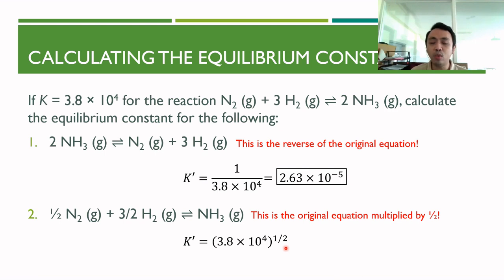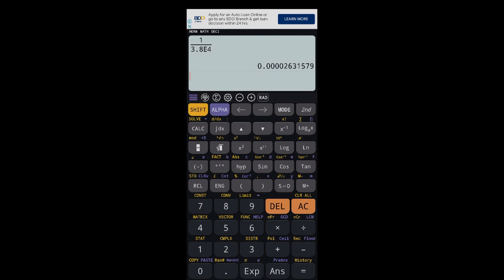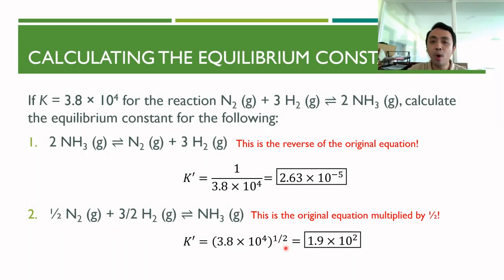Taking out our calculator, we find that K prime is equal to 1.9 times 10 to the power of 2.